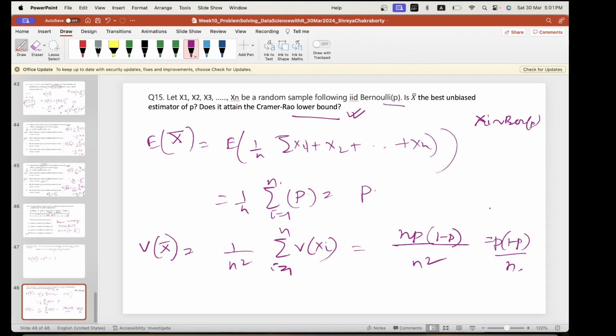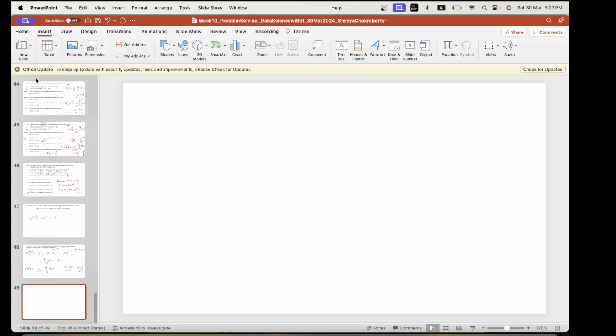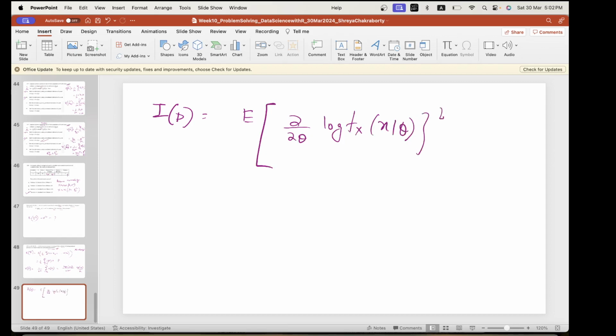Okay. Now, in order to find out the Cramer-Rao lower bound, we need to first find out the information. So I(p) is actually expectation of del theta log fx of x given theta whole square, given p.